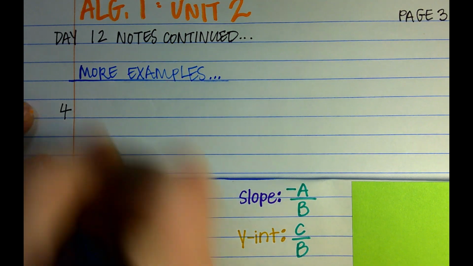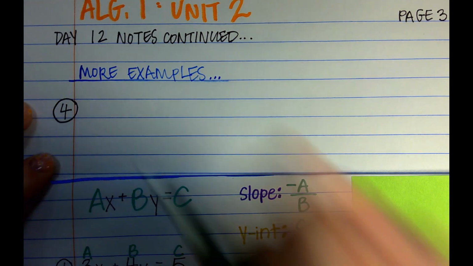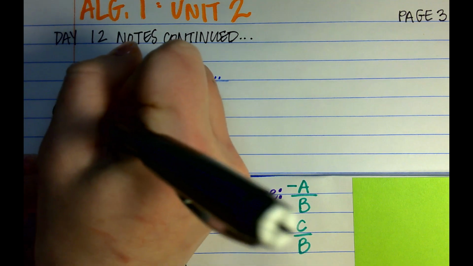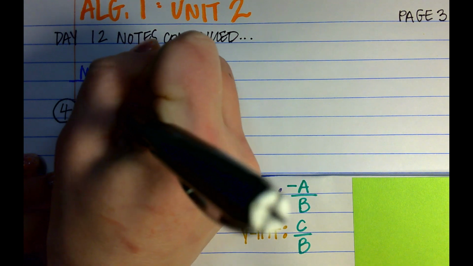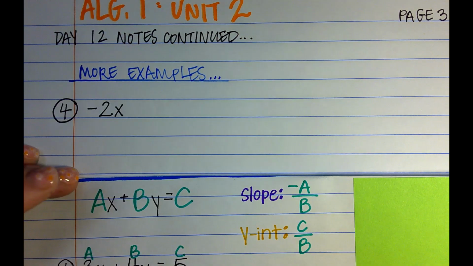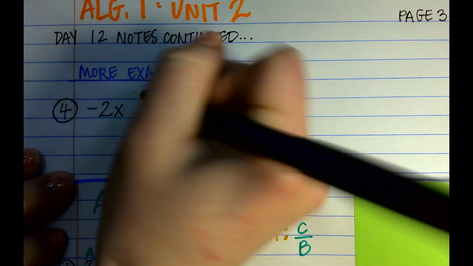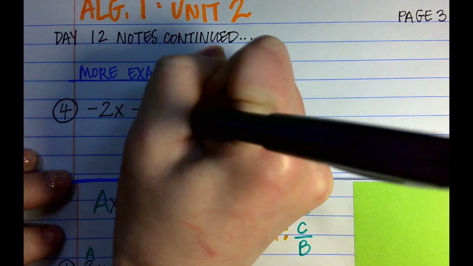So here is the 4th example. What if we had negative 2x minus 5y equals negative 15?